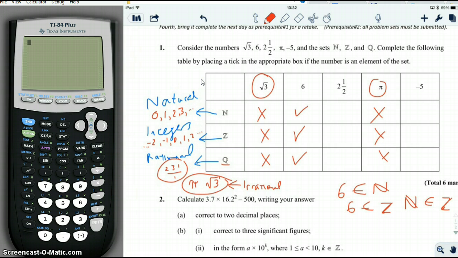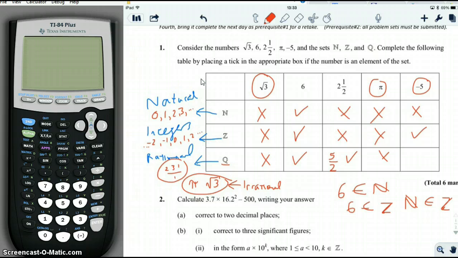So 2.5 is not a whole number, so it can't be natural. It's not an integer either because it's not a whole number. But can it be expressed as a fraction? Yeah, 2.5. Any number that has a fraction in it, even a mixed number, can be a rational number. In this case, it would be 5 halves, right? So yes, it is. -5 is not a natural number because it's negative, but it is an integer, because it's a whole number, negative.